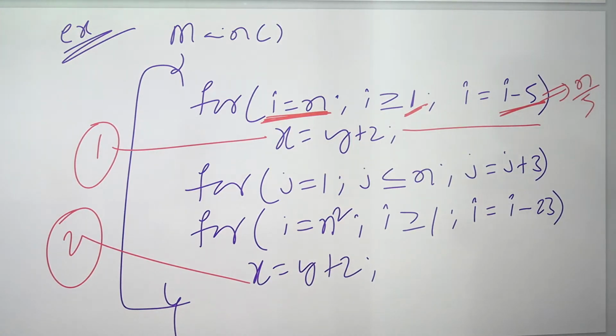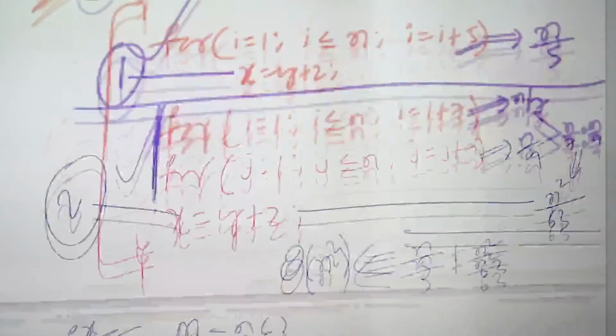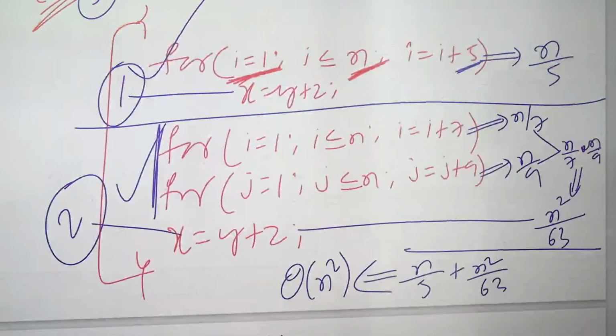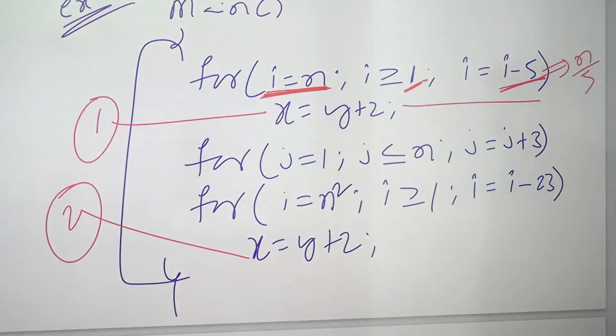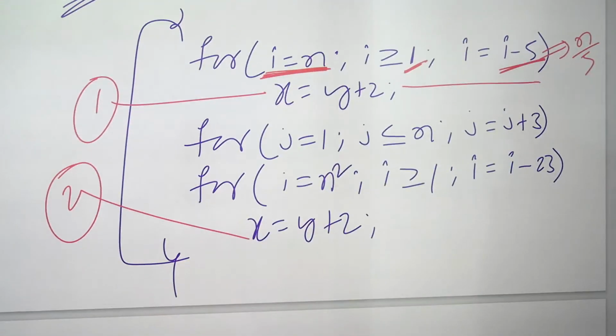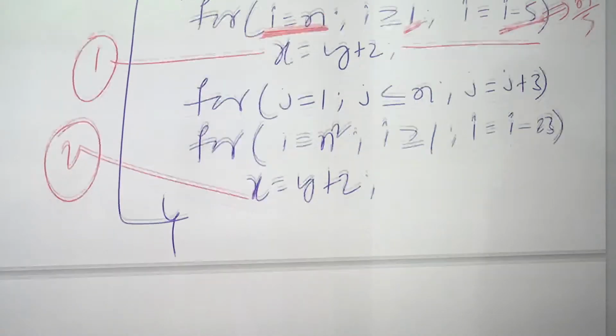The only difference is that one starts from a small number and increments, another starts from a big number and decrements. The above problem and this problem are similar. Fine. Now come to the next one.